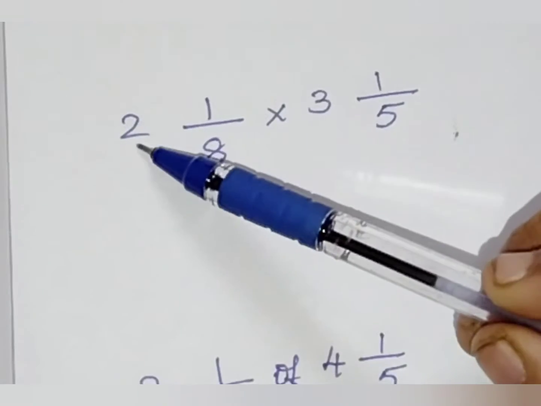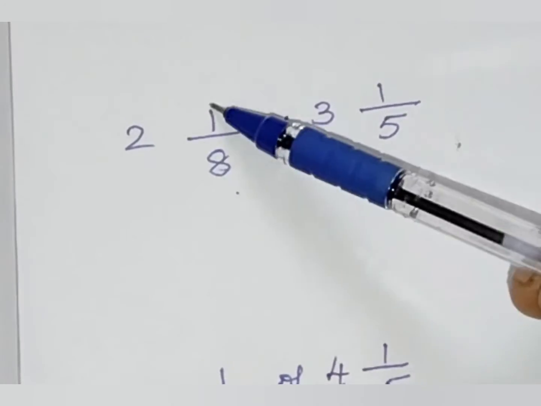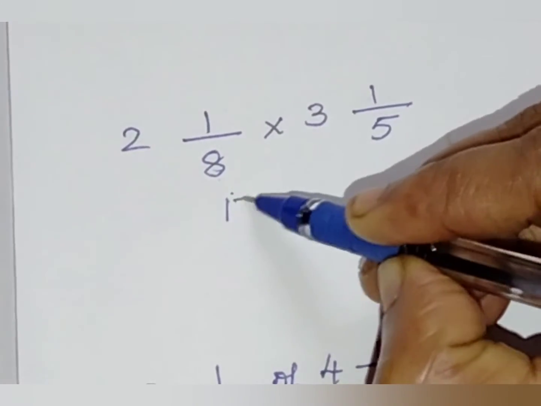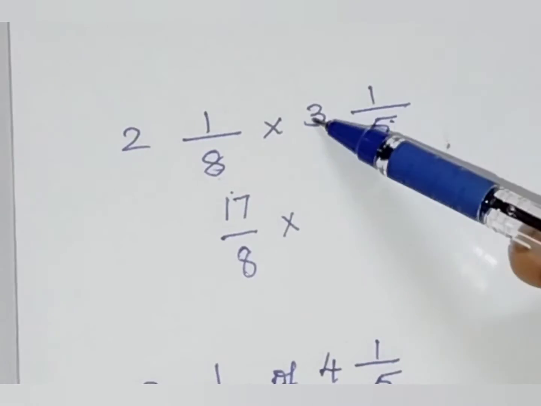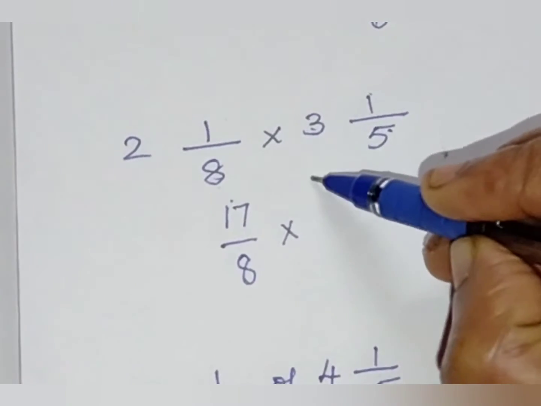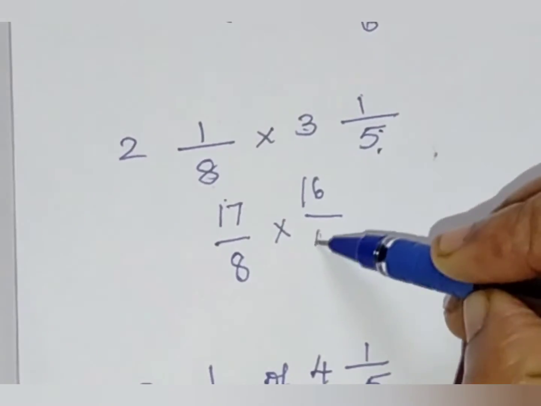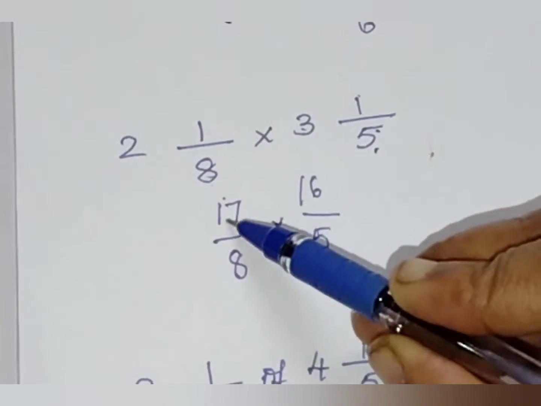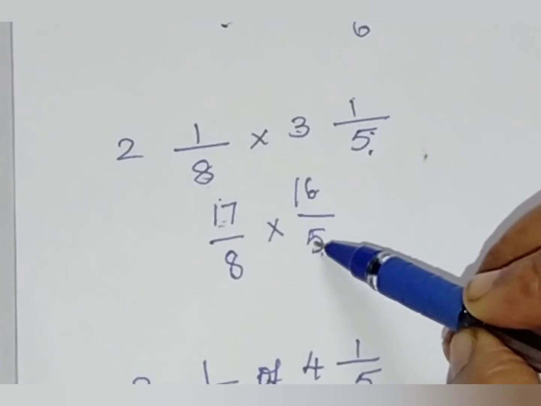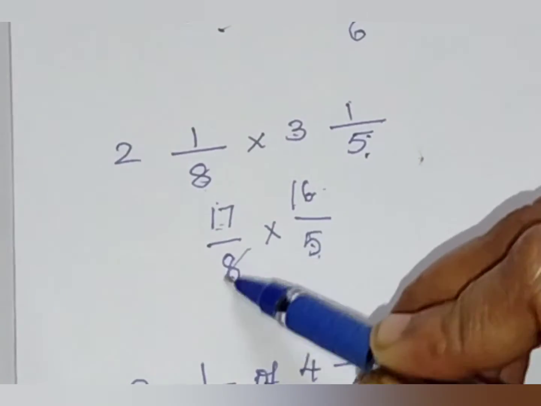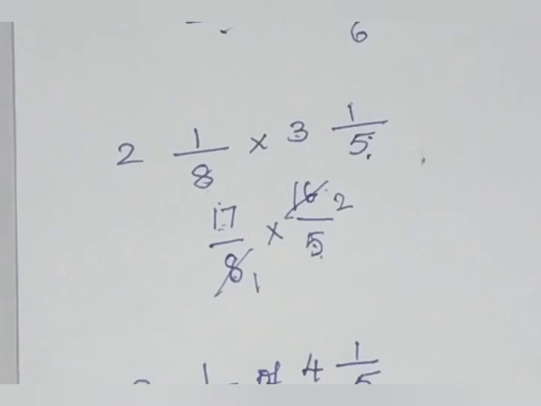Coming to the next question, 2 1 by 8 into 3 1 by 5. On converting into improper fractions, 2 into 8 is 16 plus 1, 17, 17 by 8. And 15 plus 1 is 16, 16 by 5. Now, just check the common factors. So, 8 and 16 have a common factor. 8 1's are 8 and 8 2's are 16.